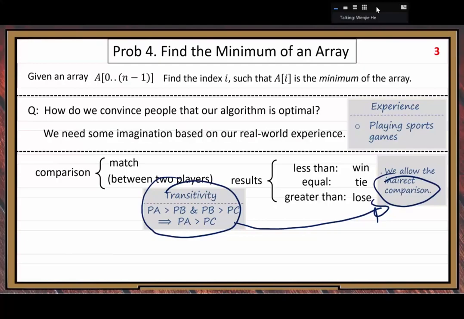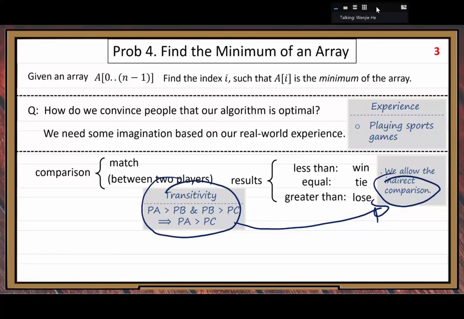Sometimes we want to say PA beats PC by indirect comparison, not direct comparison. Although there is no direct comparison, we can call PA beats PC based on our transitivity rule.